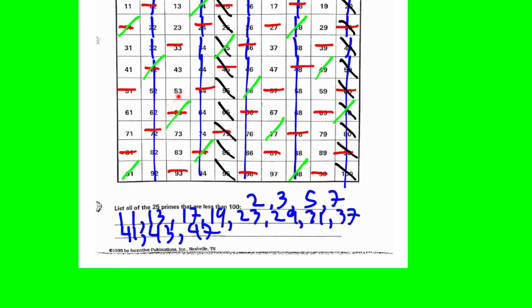Okay, in this row I have 53 and 59. In the next row I have 61 and 67. In the next row I have 71, 73, 79.